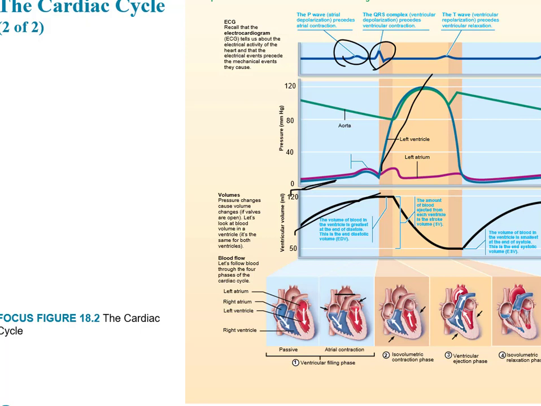And slowly the blood moves in the arteries. Then what you see over here is the next phase, the last phase, where the blood is still in the blood vessels. So you see the blood in your aorta and in your pulmonary artery, but the ventricles are emptied out, and ventricular repolarization is beginning over there.